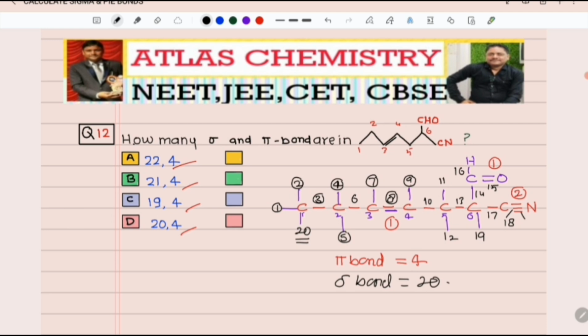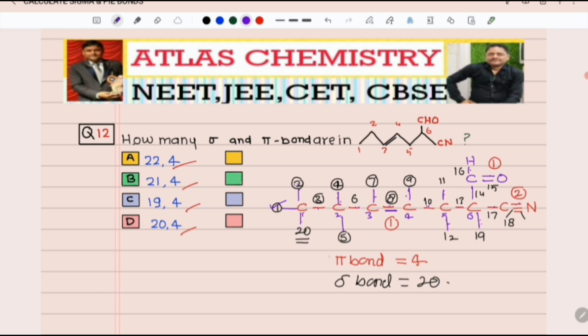Let's confirm once more how many sigma bonds are there. 1 sigma bond, 2, 3, 4, 5, 6, 7, 8, 9, 10, 11, 12, 13, 14, 15, 16, 17, 18, 19 and 20. Let's count once more.